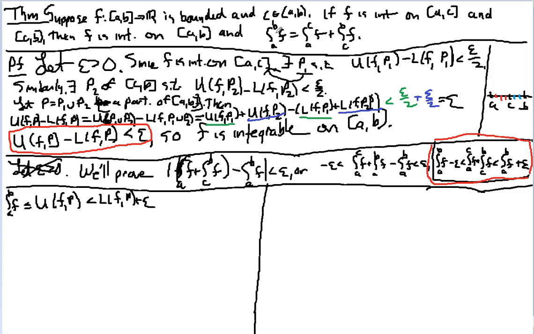Okay, well, what we saw before is that L of f of P is equal to L of f of P1 union P2, which equals the sum of these two things. So I'm just going to use that sum fact again, which is equal to L of f of P1 plus L of f of P2 plus epsilon. What that's doing is it's bringing back in the A to C and C to B into play.